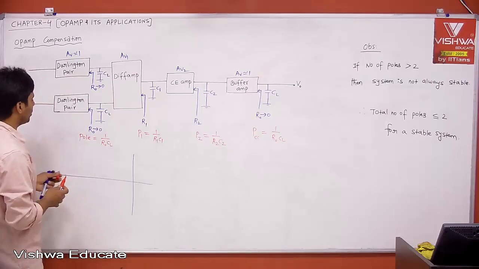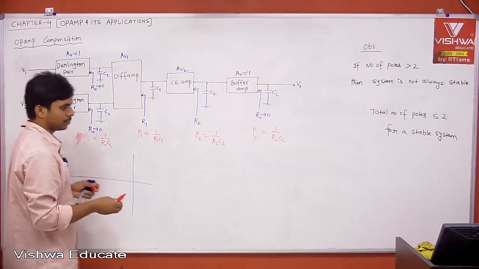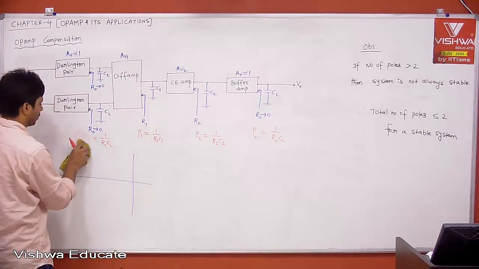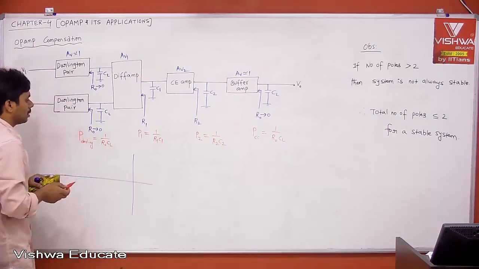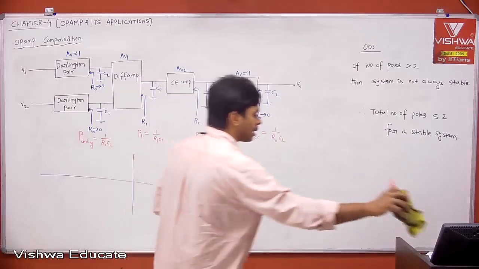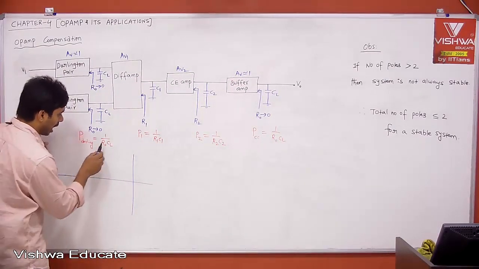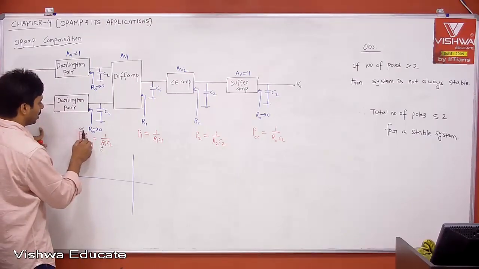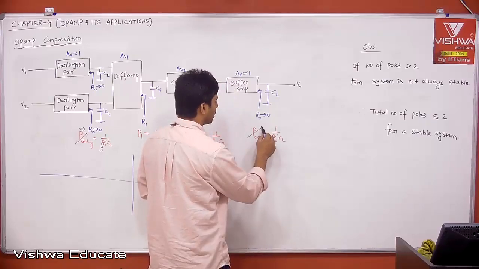Now tell me, pole of the Darlington pair, 1 by R0 CL. What is R0 of the Darlington pair? Very low. When R0 is very low, when R0 is 0, then your pole is at infinity. Similarly, if R0 is 0, then your pole is at infinity.